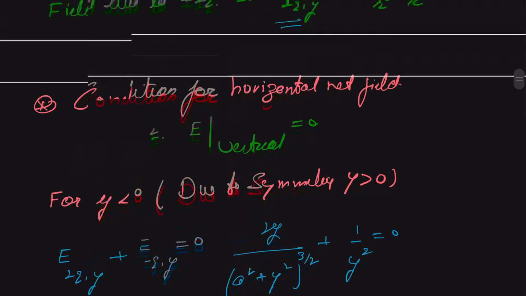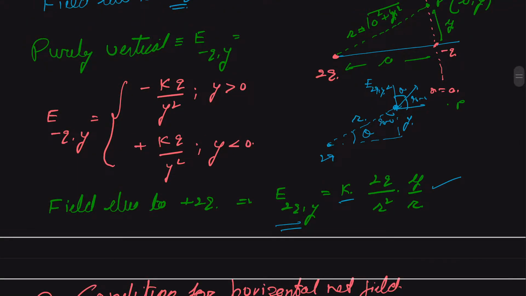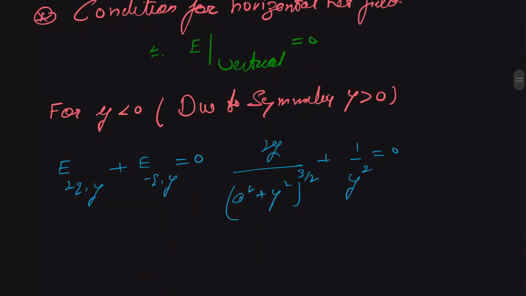Here I have just removed all the constant things, because this k and this q will be all gone away, and this will be our r, we know is our a square plus y square square root, and this will be r cube, and we substitute it, we get this answer.